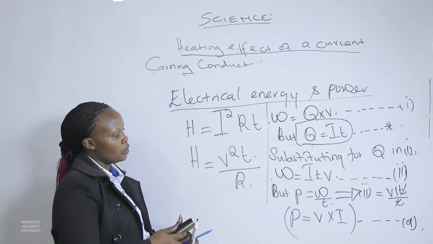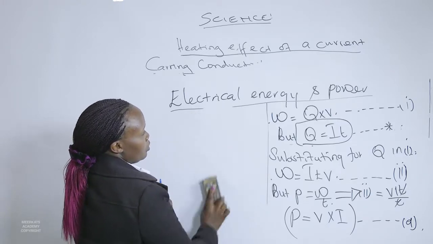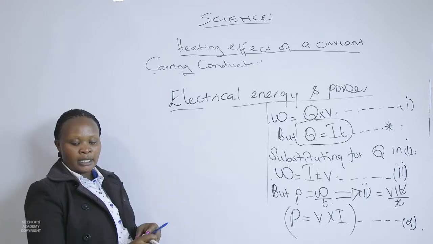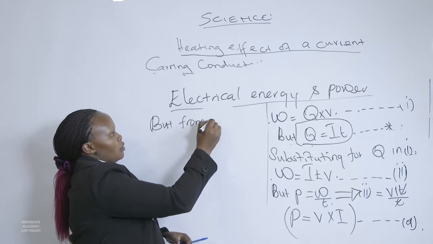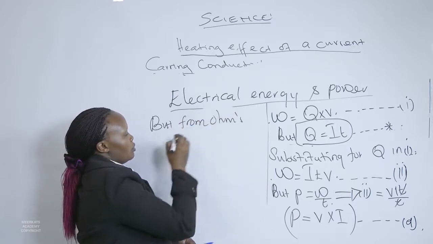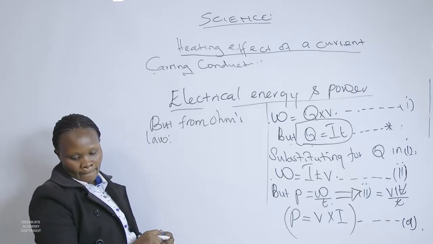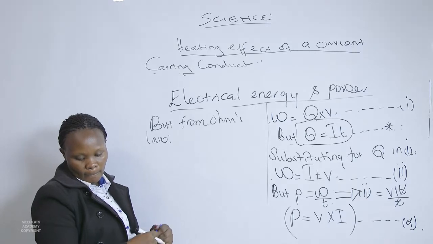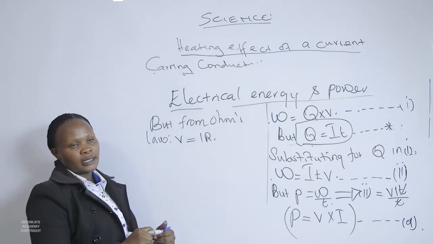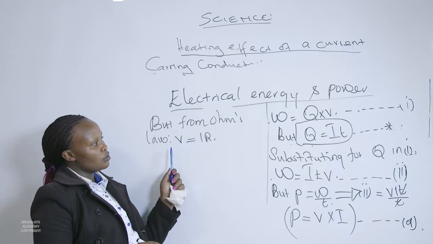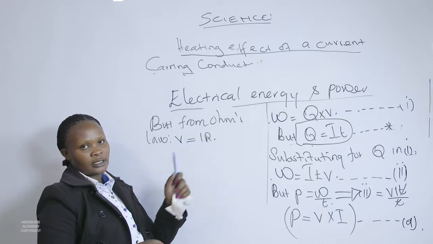But you could also bring in Ohm's law, and you say, but from Ohm's law, V is equal to IR. From Ohm's law, voltage is a product of current and resistance.